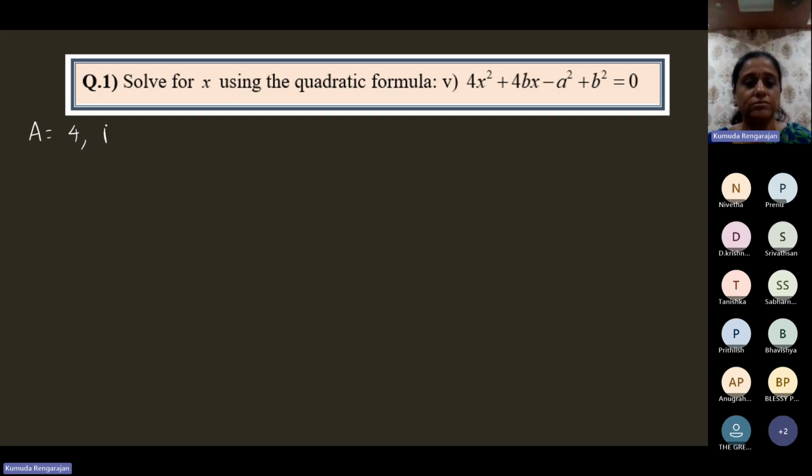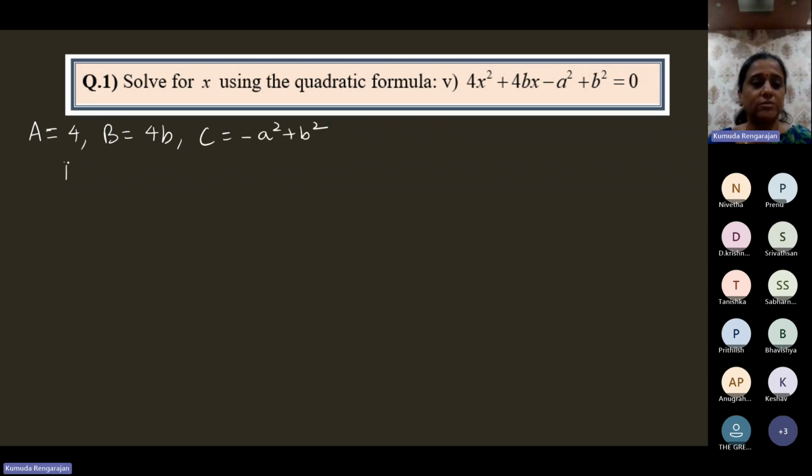What's the value of b? 4b. And c? Minus a square plus b square.